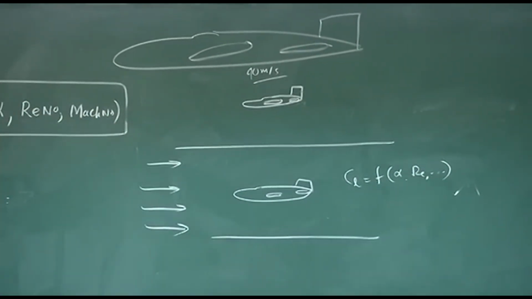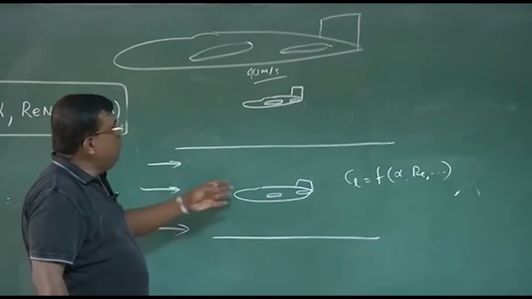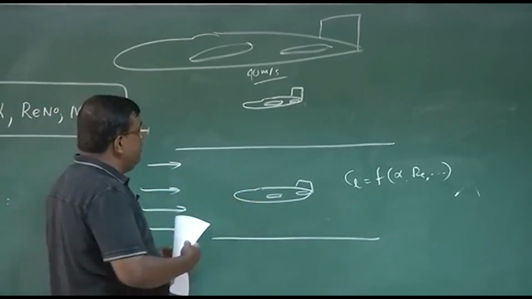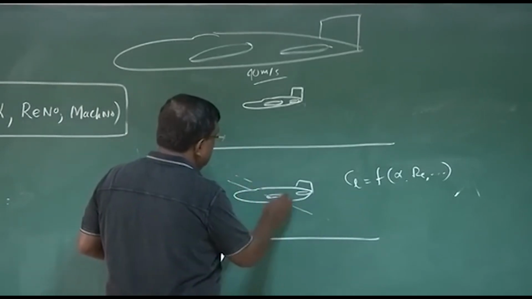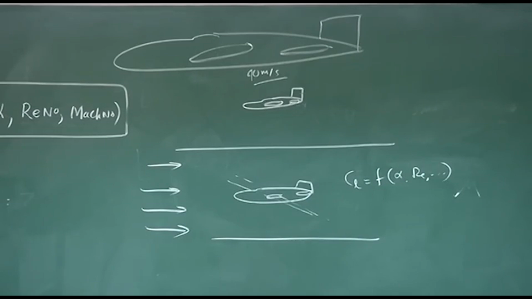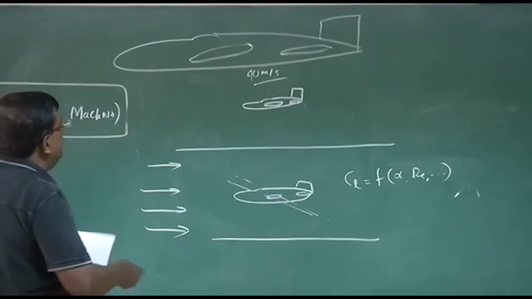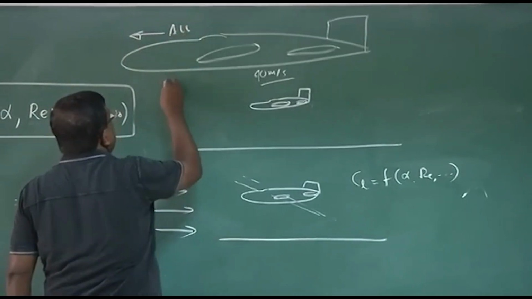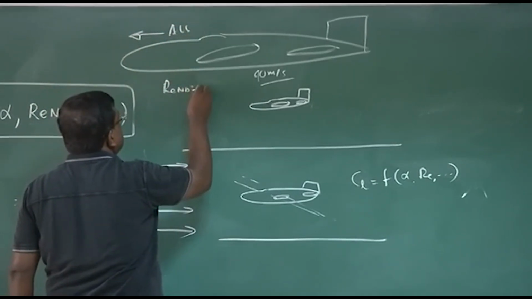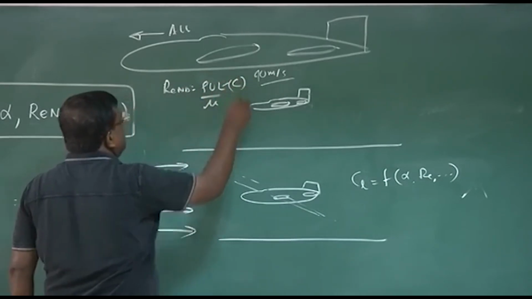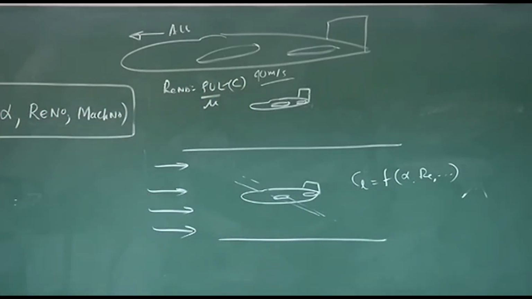So what can I do now? I can go on generating different CL by giving different orientation, and ensuring one thing that is very important. When it was flying at a particular altitude, what was the Reynolds number it was flying at? So I calculate rho u L by mu. L in this case will be the chord of the wing. So I know what Reynolds number the aircraft was flying at.